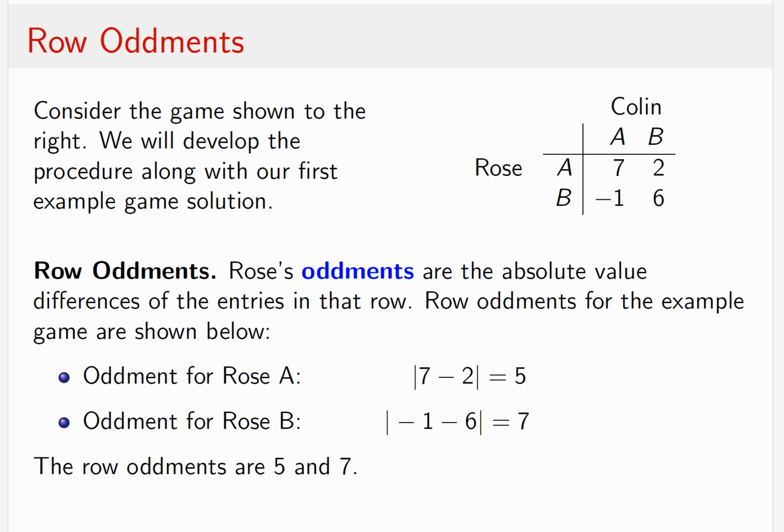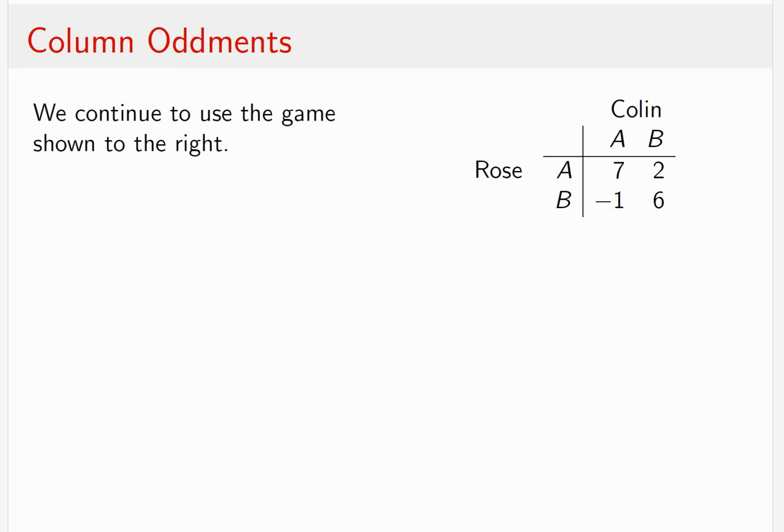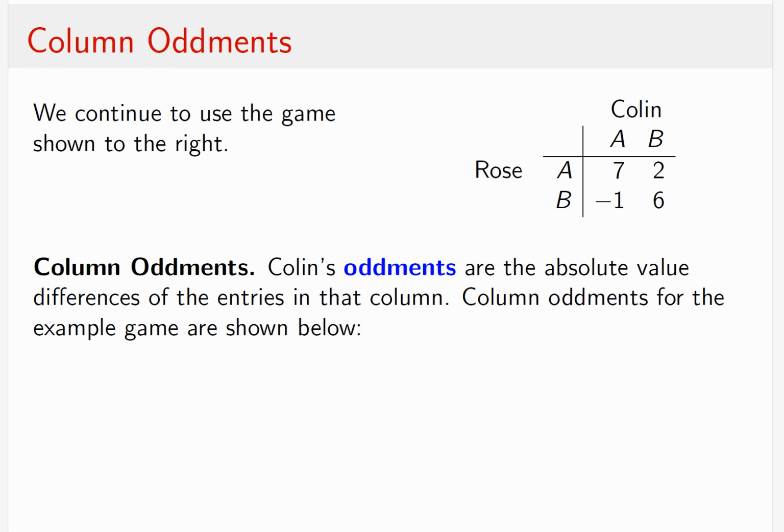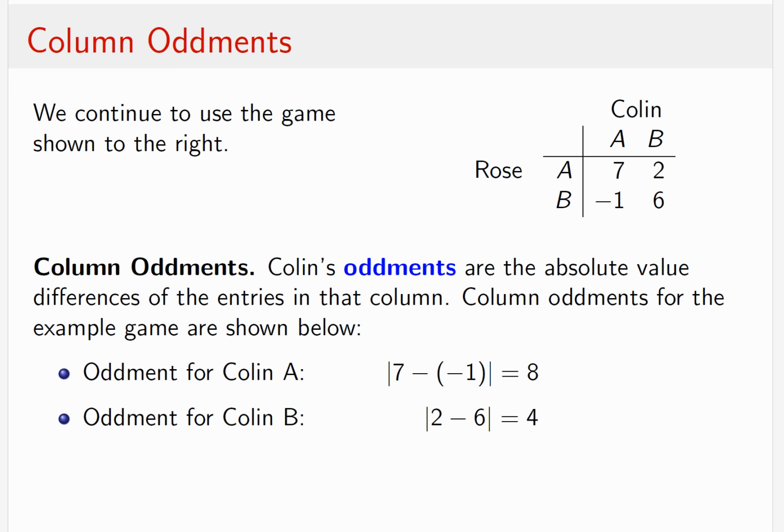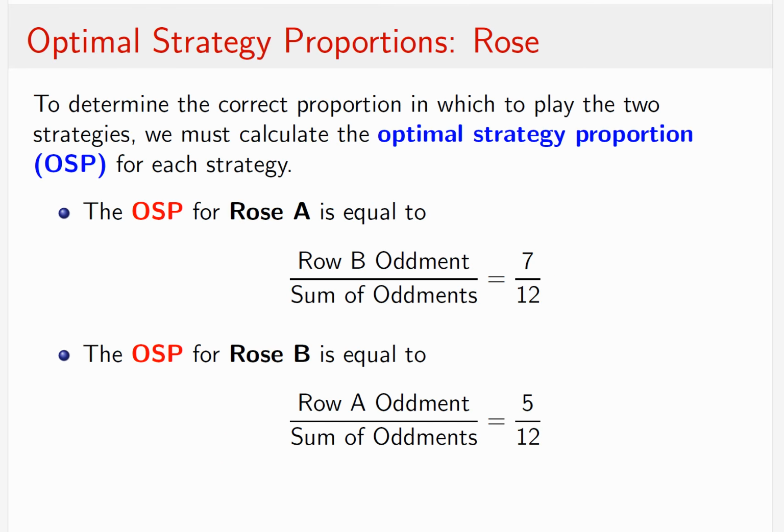To create the proportions we need, wait, I'm sorry, we're doing the absolute value differences of the columns now to get the column oddments, right? So we're doing 7 minus negative 1, that's 8, and we're doing 2 minus 6. The absolute value of that is 4. So 8 and 4 are the Colin oddments, okay?